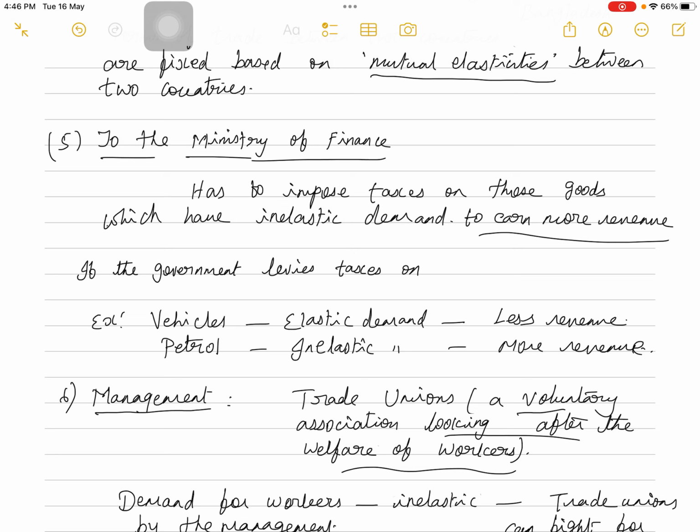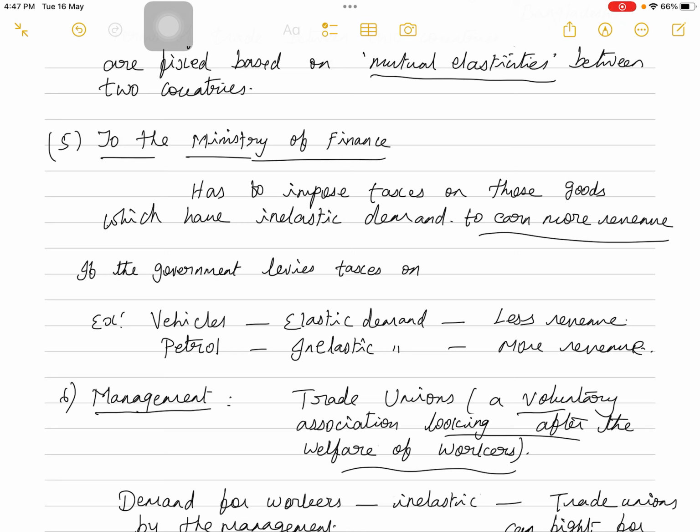One of the main jobs of the Ministry of Finance is to earn more revenue through taxes. It has to impose taxes on those goods which have inelastic demand to earn more revenue. If the government levies taxes on commodities which already have elastic demand, what will happen?